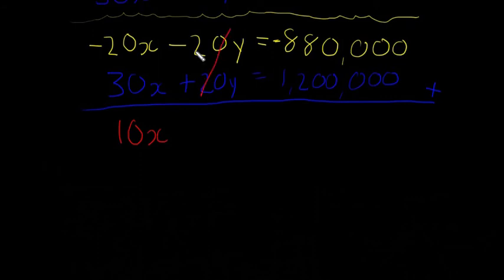This is going to go to 0 because it's plus 20y and minus 20y. This here is going to give us, let me do this, 340. Is that right? No, it's 320.